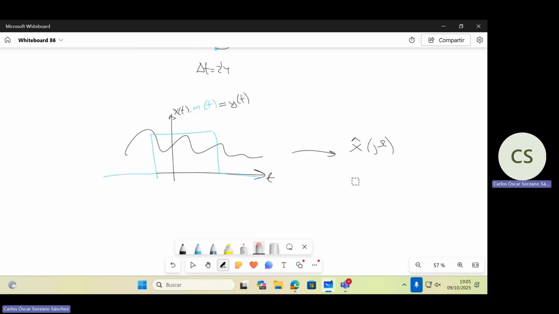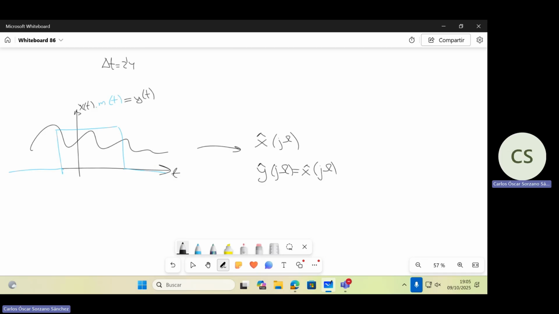So what is y? It is the Fourier transform X of j omega, because you are multiplying in time, you are convolving in Fourier space. So convolve with the Fourier transform of the mask. And this is a pulse.